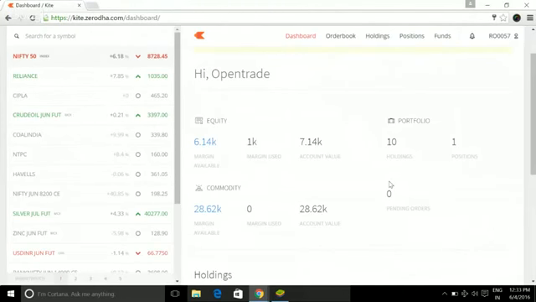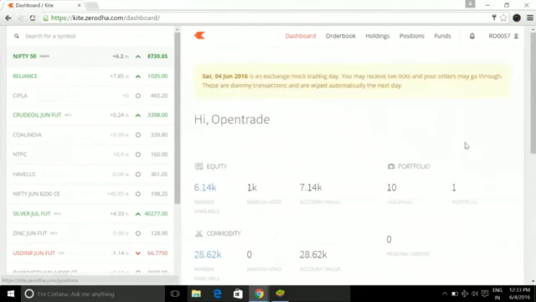As soon as you log into the dashboard, firstly, today is mock trading day. So please don't get confused with all these live ticks of Nifty being up 6% and all of that. This is a day when exchanges are open to let brokers try out their trading platforms.